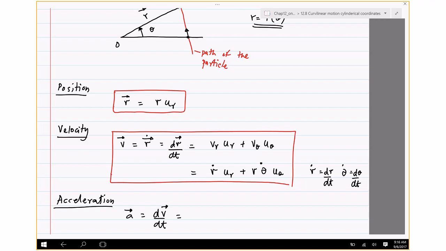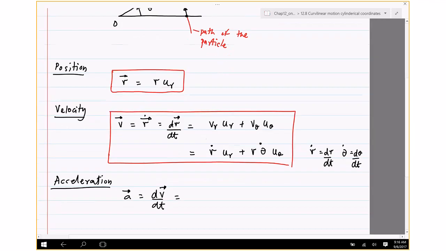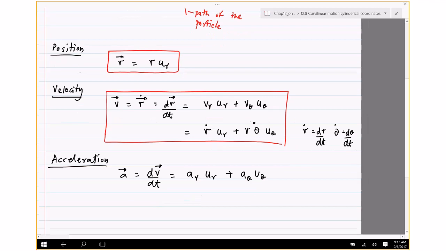So I'll write it as a_r u_r to denote the component along u_r, and a_theta u_theta, where a_theta is the component along the theta direction.